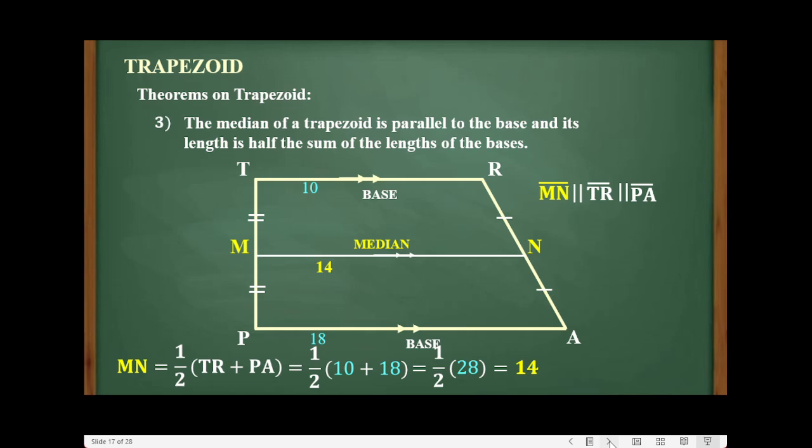Next, for our next property, the median of a trapezoid bisects each of the diagonals.